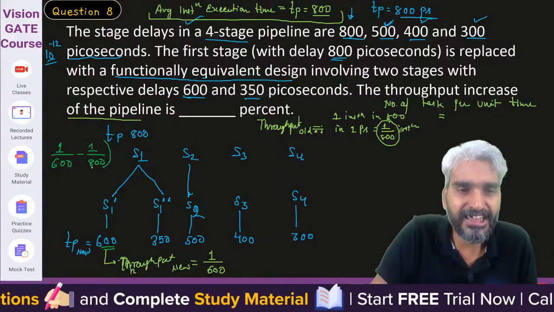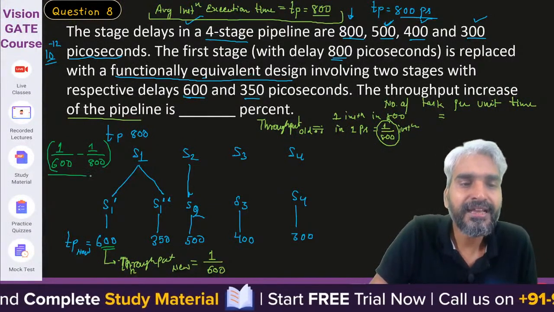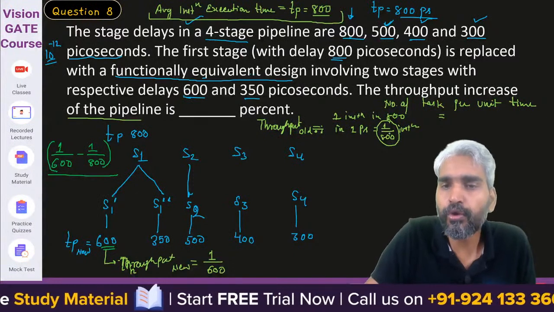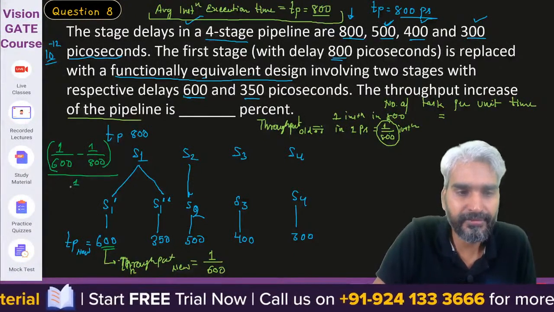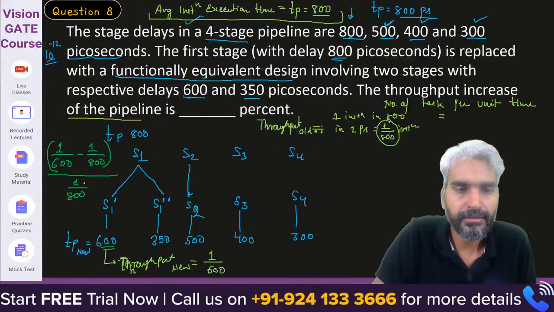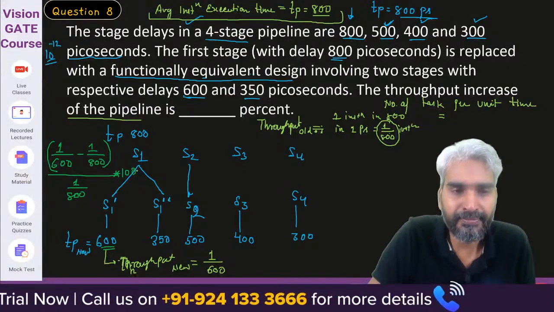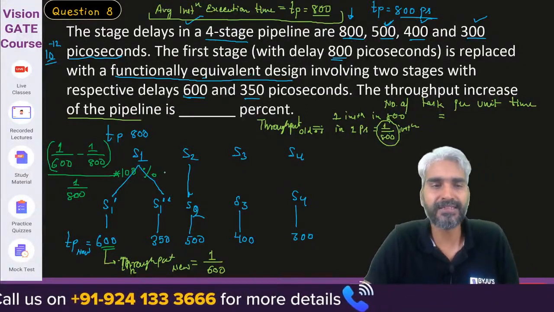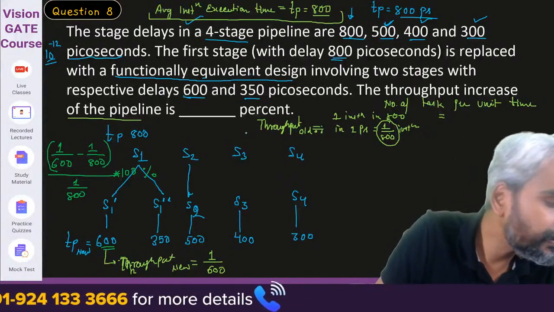So the change in throughput with respect to the old throughput, 1 upon 800, multiplied by 100%, because it is asking in terms of percentage.